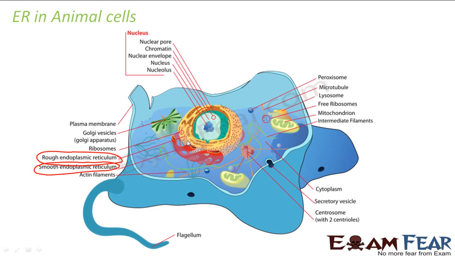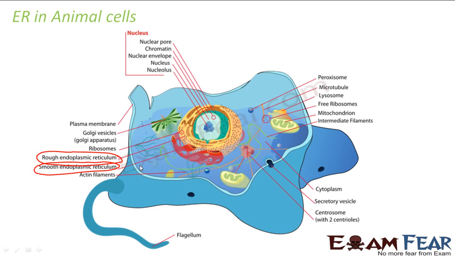This is the rough endoplasmic reticulum. And where is the smooth endoplasmic reticulum? This pink colored structure which is smooth. Did you notice a difference? Even in the previous slide and in this slide, the rough endoplasmic reticulum has dotted structure over it, whereas the smooth endoplasmic reticulum has no dotted structure and is completely smooth. We will see that as we go ahead.